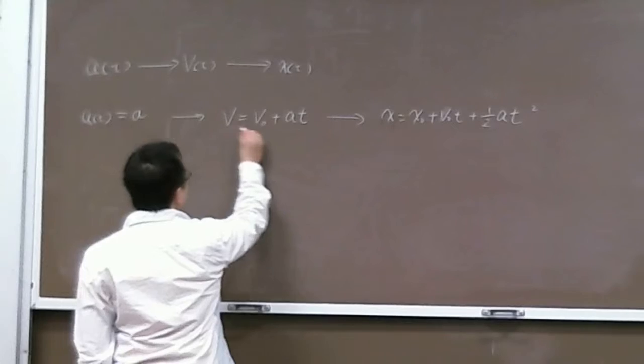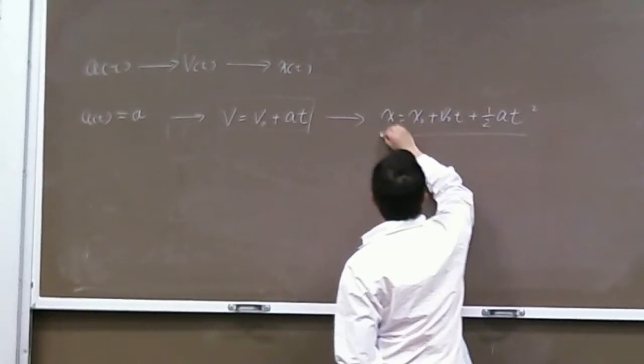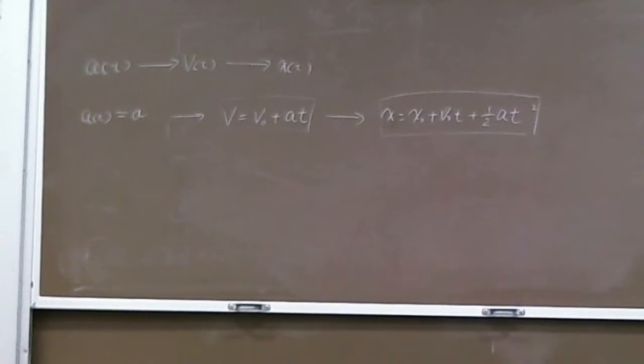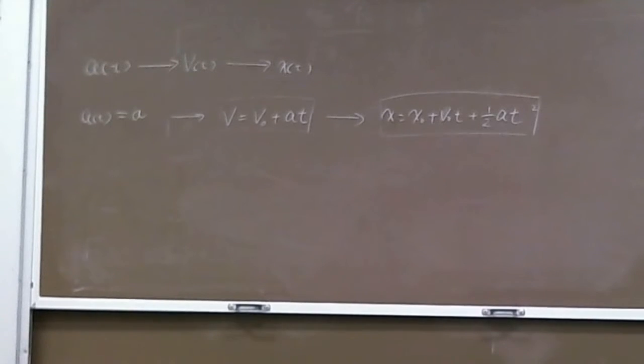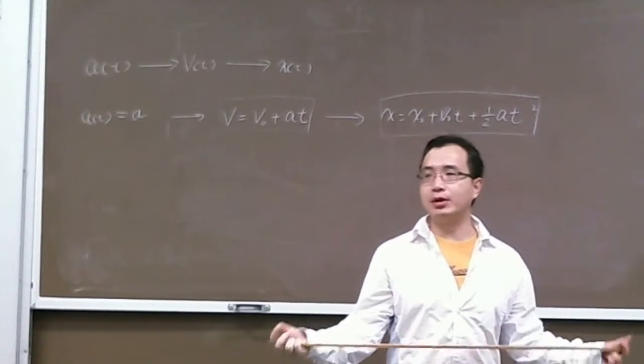So these two are the two fundamental equations for our kinematic equations. Okay, so here we have these two equations. In principle, you can combine the two equations to solve all the problems.